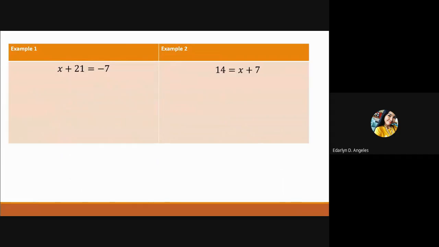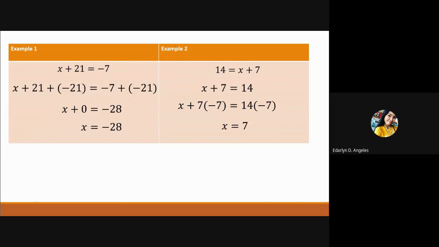So notice class, in examples 1 and 2, kindly observe. Let me just show you everything. Observe that applying APE or addition property of equality to isolate the variable causes the other term to be merely transferred to the other side of the equation. Were you able to observe it?